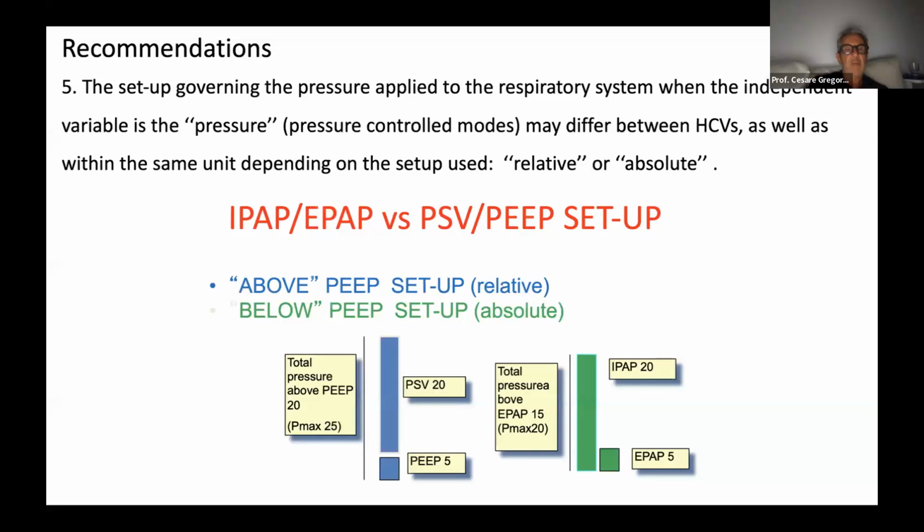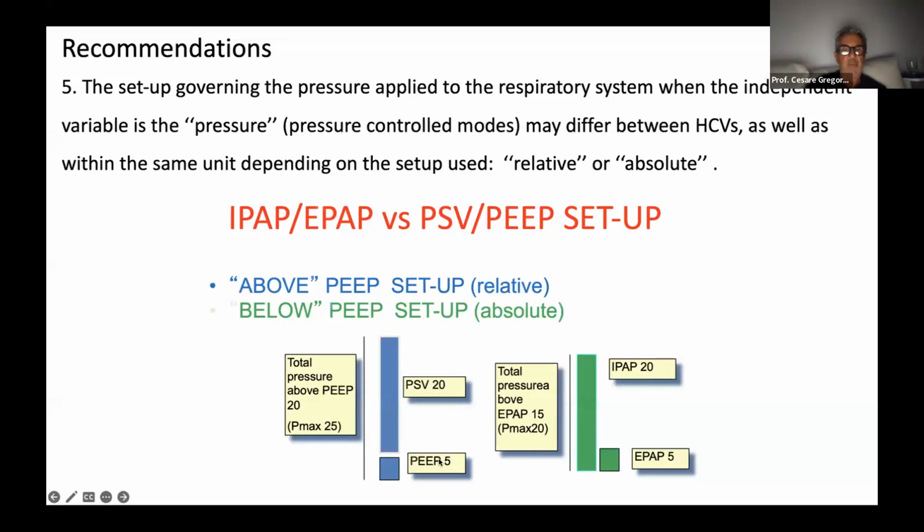Another important recommendation, I want to stress this point, that is really a pain in the neck. It happens not only among different ventilators, but sometimes inside the same ventilator, changing from one mode to another. In a bi-level ventilator, for example, you switch to one mode, then you switch to another one, and the setup governing the pressure to apply to the respiratory system when the independent variable is pressure, namely the pressure control modes, may differ between home care ventilators as well as within the same unit, depending on the user setup, relative or absolute.